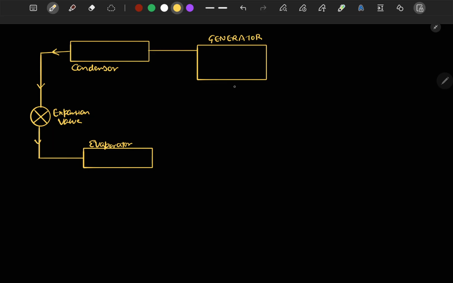Okay, and this generator has some liquid phase and some in vapor phase. Okay, here is the absorber. It is the absorber.